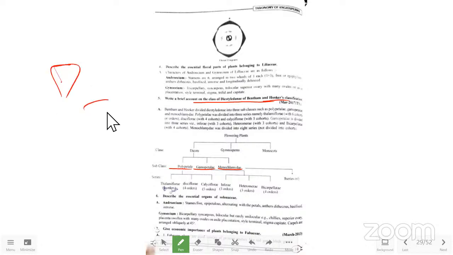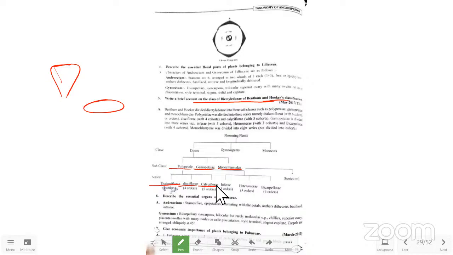The thalamus may be present like a disc, or the original thalamus may be cup shaped. They have seen the shape of the thalamus, and based on that, they have divided the subclasses into the series: Thalamiflorae, Disciflorae, Caliciflorae. So the Polypetalae subclass is having 3 series: Thalamiflorae, Disciflorae, Caliciflorae.